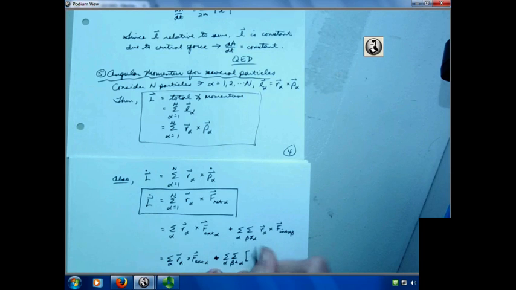So I've got r sub alpha crossed with f on alpha by beta, plus r sub beta crossed with f on beta by alpha.